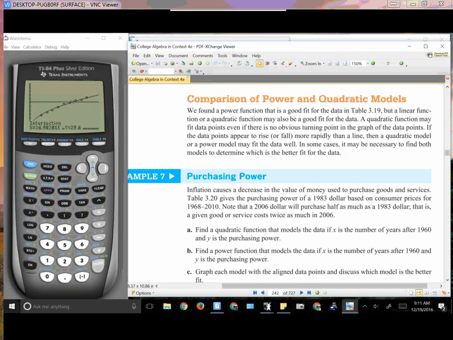In some cases, it may be necessary to find both models and determine. Now, I realized that when we were doing the linear stuff, there was a correlation coefficient that gave us how good of a fit. That doesn't really work all that well for us here. And a lot of times it is just simply going through, grabbing the equation, putting it in there, seeing what works.